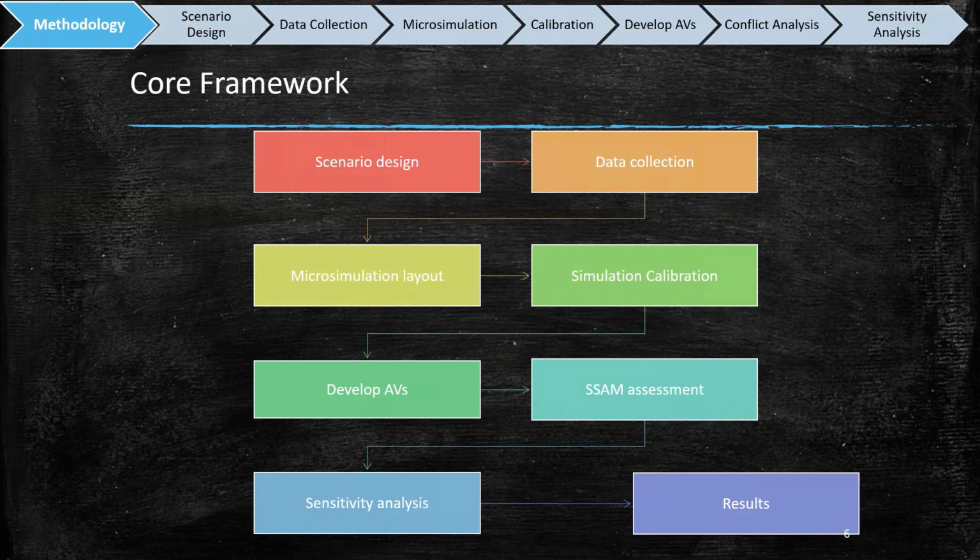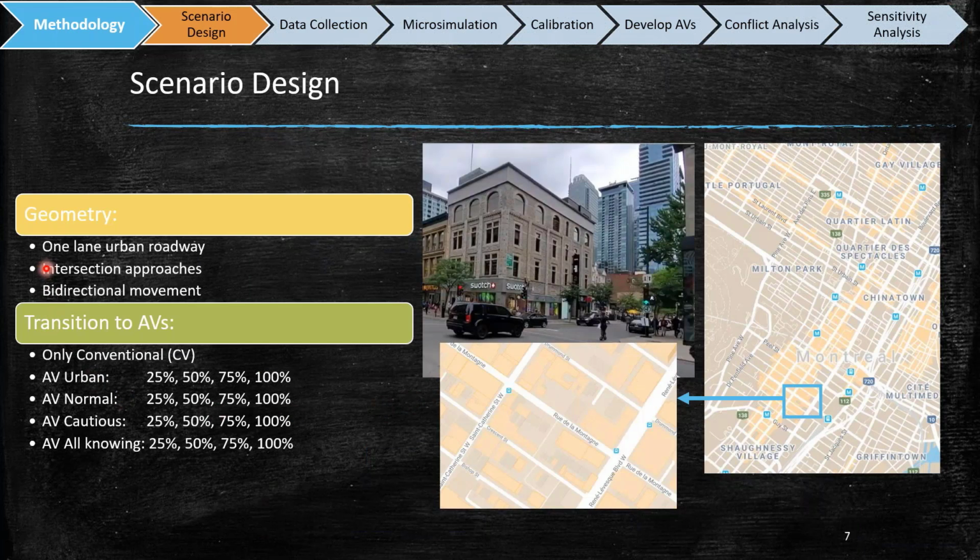For the scenario design, we went for a geometrical one-lane urban roadway. This is the general condition of urban roadways, apart from highways, and we have intersection approaches on both sides. We selected from downtown Montreal a specific road segment that is kind of an arterial. It's really important because of the limited access on surrounding roads, so most vehicles try to pass through this segment, called Rue de la Montagne, if I pronounce it correctly in French.